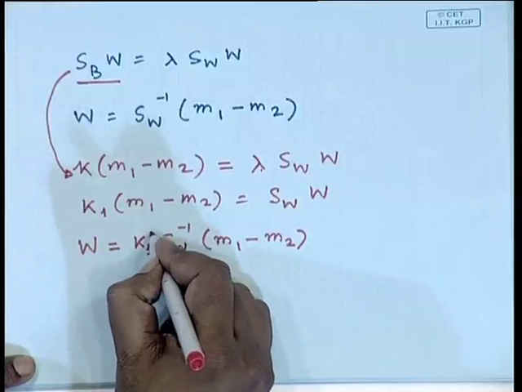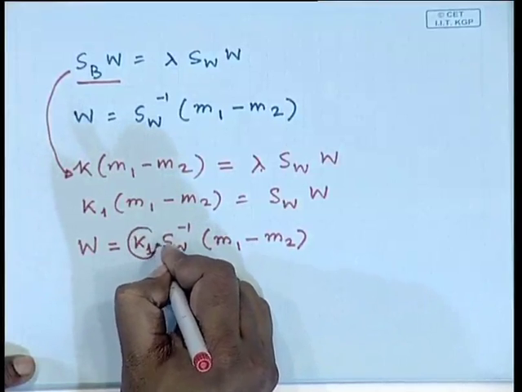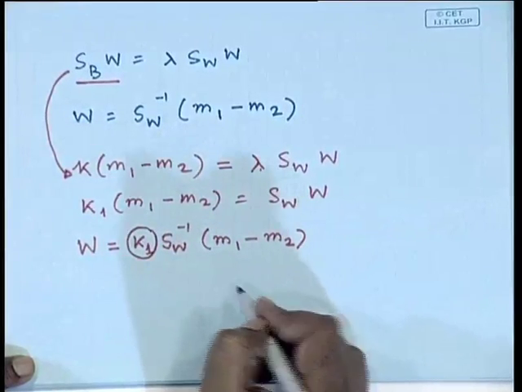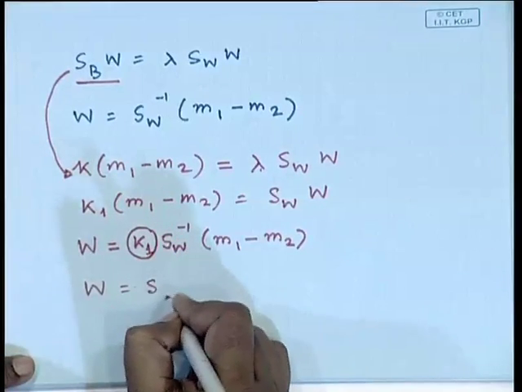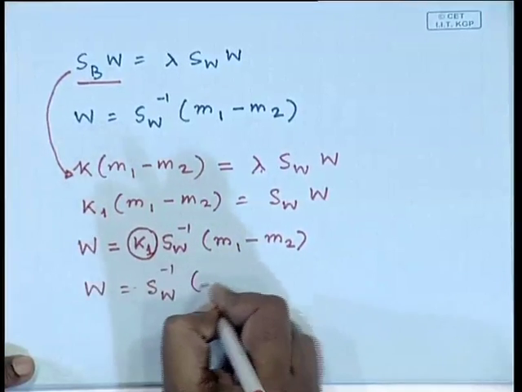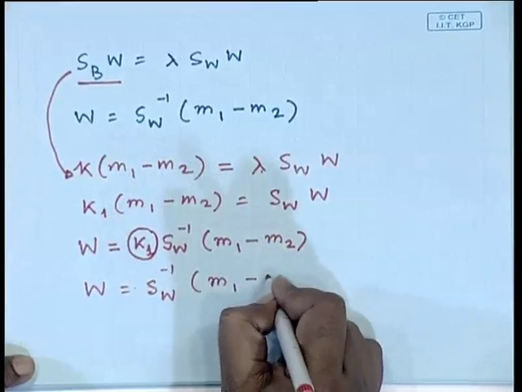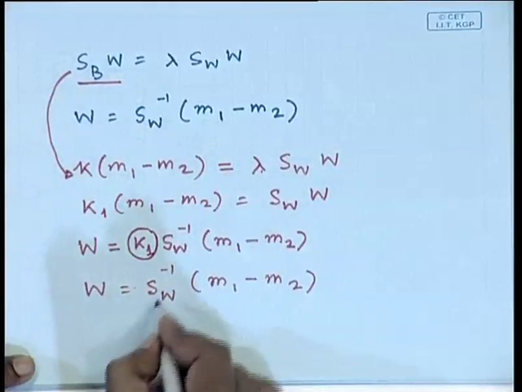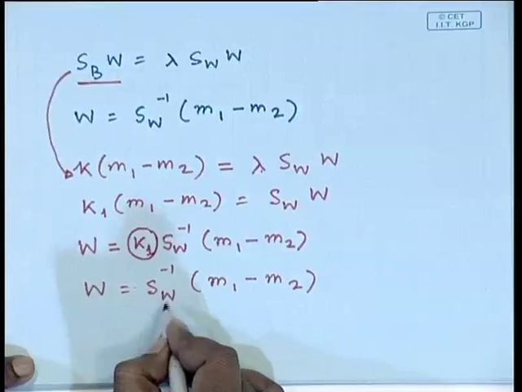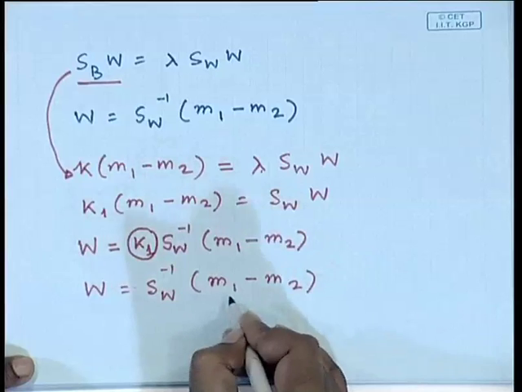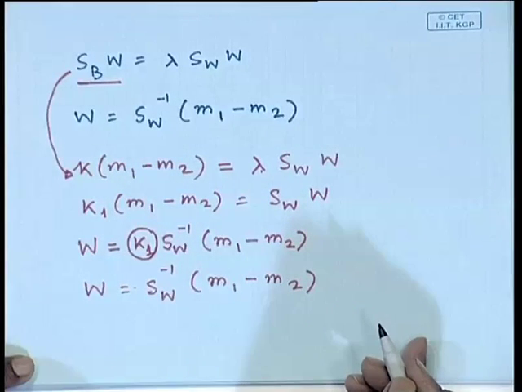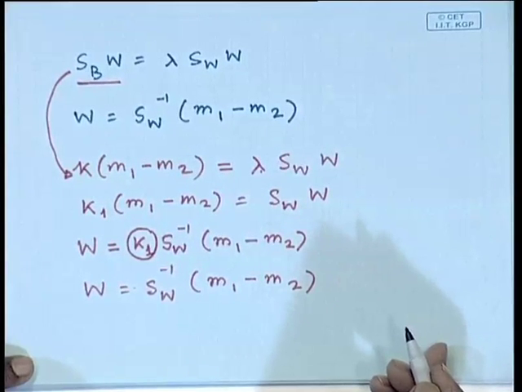Okay. So, as such I can ignore this scale k1, and if I ignore this scale k1, I simply have w is equal to S_W inverse into (m1 minus m2), okay, where this S_W is the total within class scatter and m1 minus m2 is a vector in the direction of the line joining m1 and m2, right.